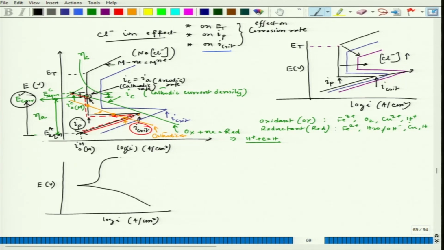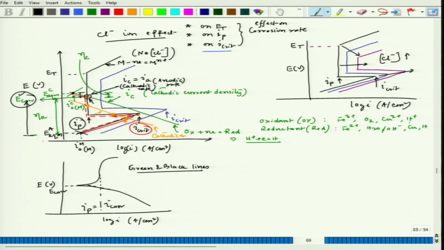This is for E corr, and I can draw this line. This is IP or equal to I corr, corresponding to the green and black lines.